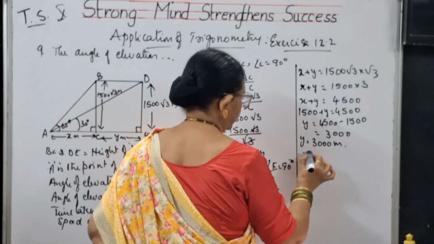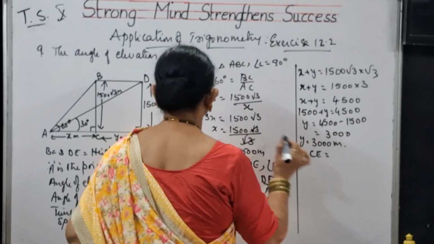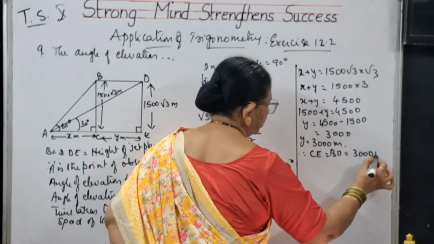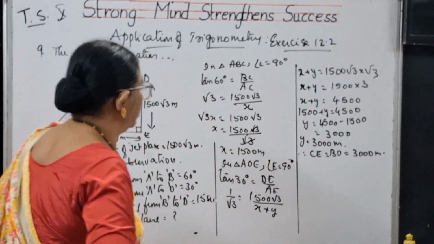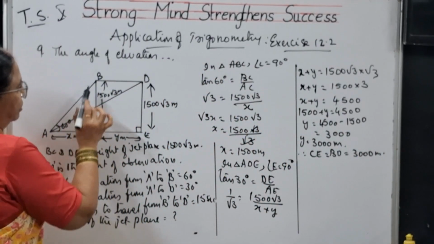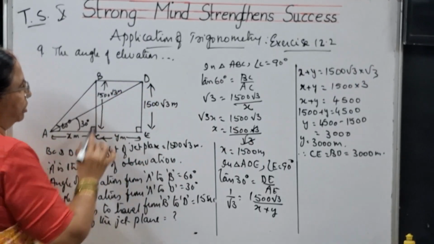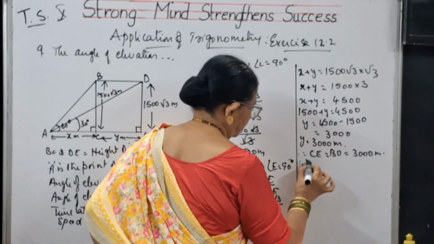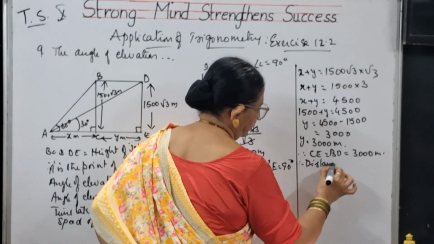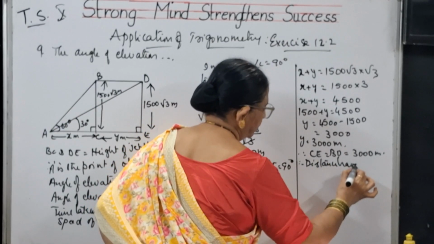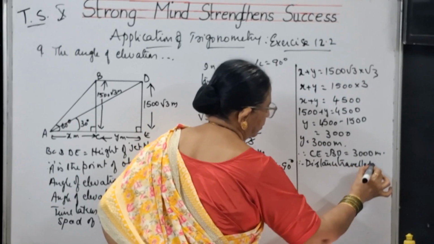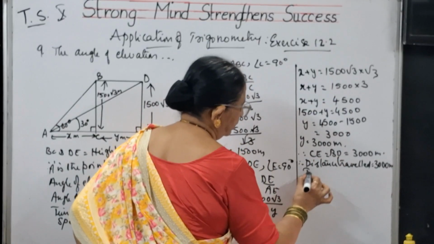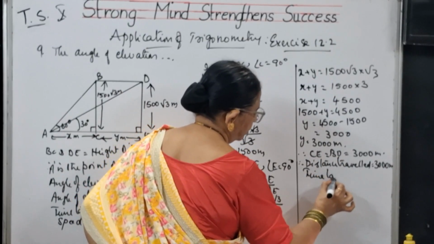Therefore, CE is equal to BD is equal to 3000 meters. This 3000 meters, it was at B first, it has gone to D. That means the distance travelled is equal to 3000 meters. Now, what is the time taken for it?